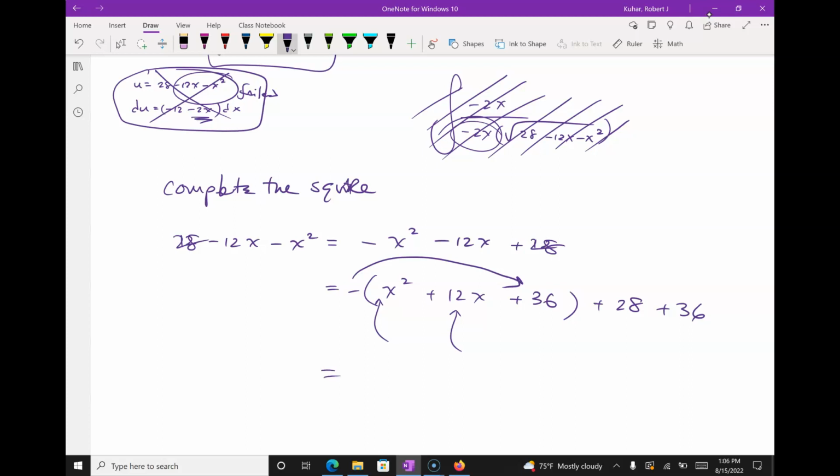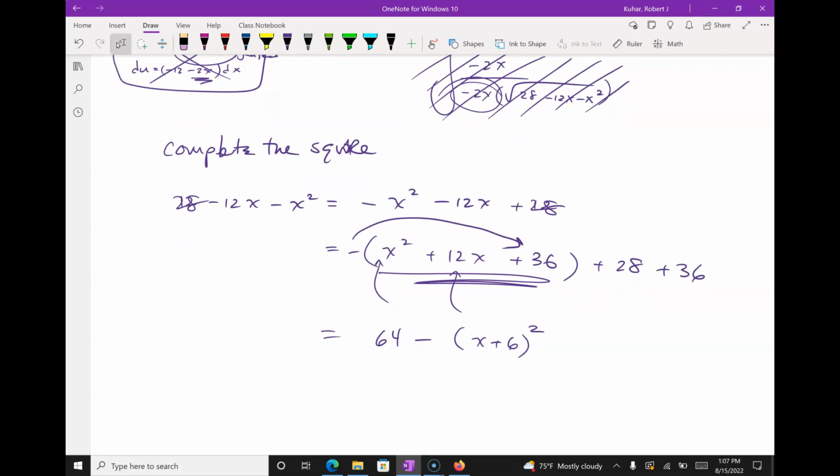So now I have 64 minus, and remember this is now a perfect square, x plus half of 6, sorry, x plus 6 quantity squared. That still looks like my 1 minus u squared.